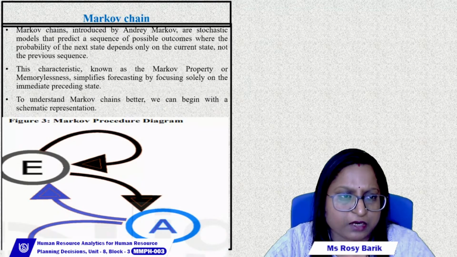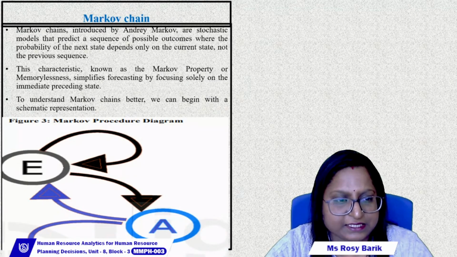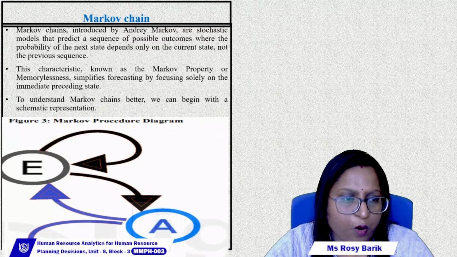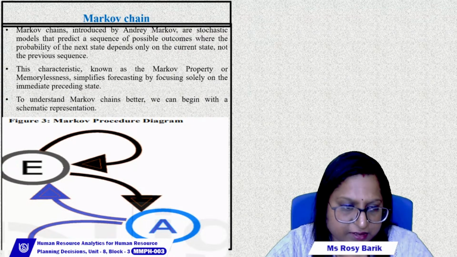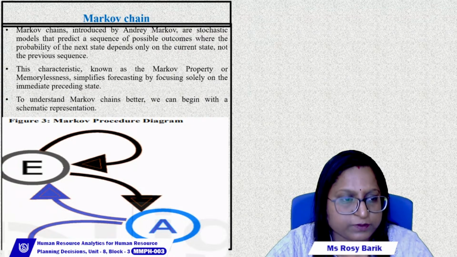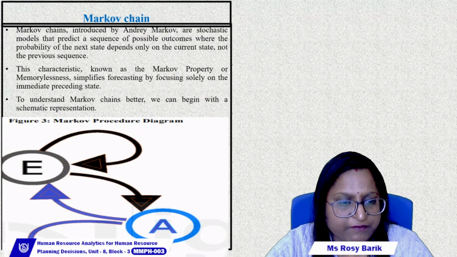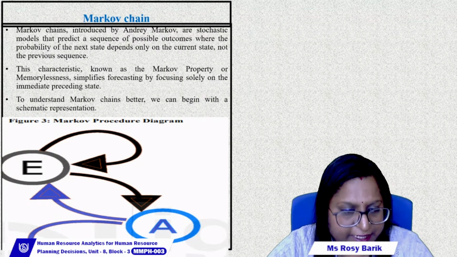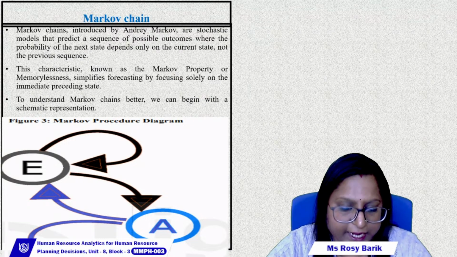So from this Markov chain, we can see it starts from the current state and ends in itself only, or it may end in the next state. Similarly, it moves from E to A or E to E. Similarly, from state A, it moves to state E or it moves to state A only.